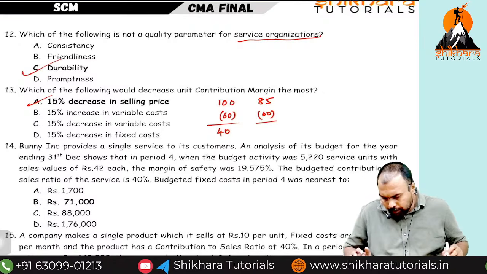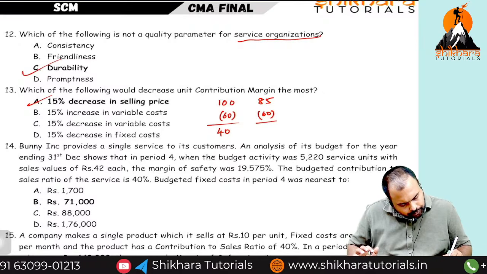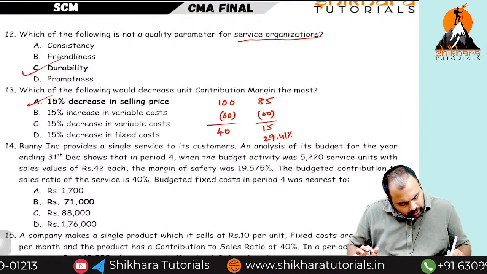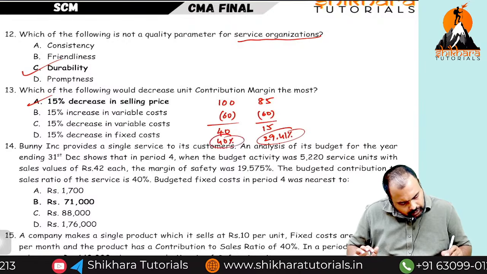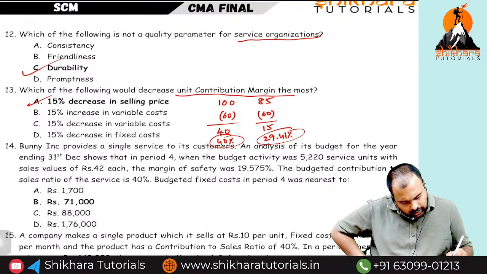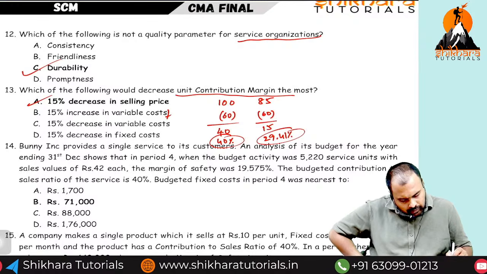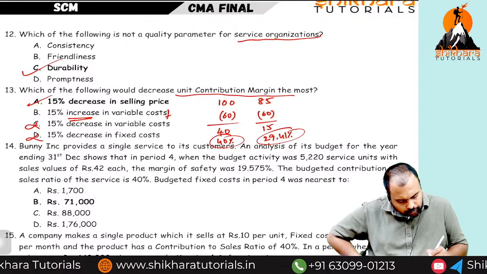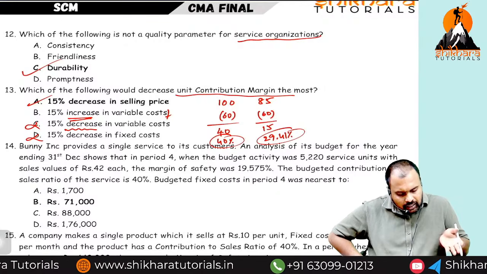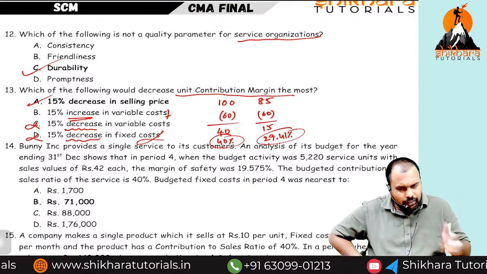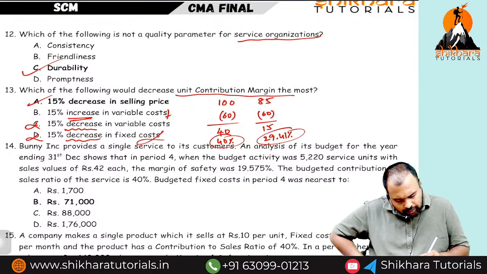Your new ratio will be 29.41%. Earlier it was 40%. Next, if variable cost decreases, obviously contribution increases only, and a 50% decrease in fixed cost never impacts your contribution itself. So just check with these two.